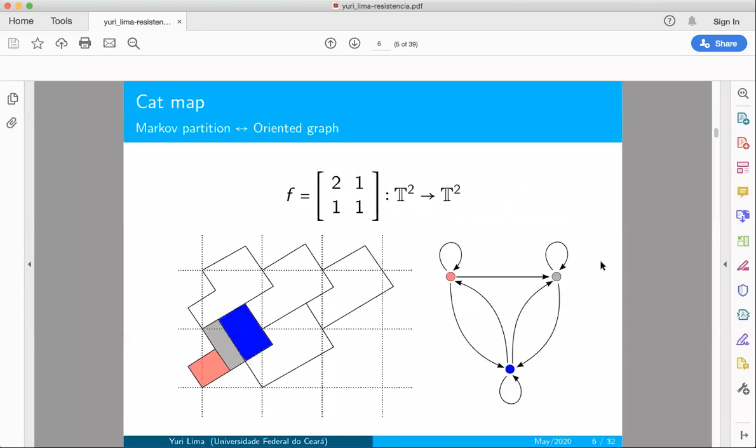So nothing better than the cat map to remind you of the Markov partition. You consider this classical example, which is a hyperbolic automorphism of the two-torus induced by the matrix (2, 1; 1, 1). And I think that we all have seen a way of constructing a fundamental domain for the two-torus, another way to tessellate the plane by puzzles like this L-shaped one here, in which the boundaries are made by stable and unstable directions.